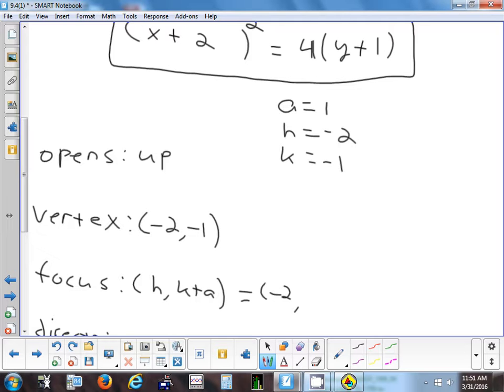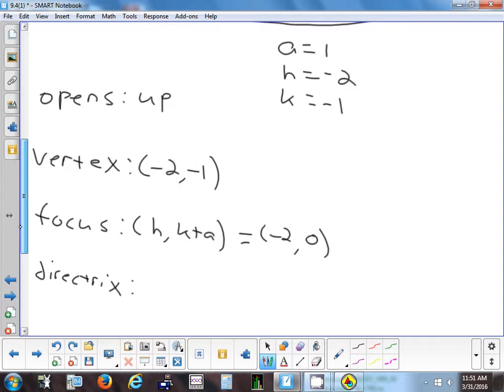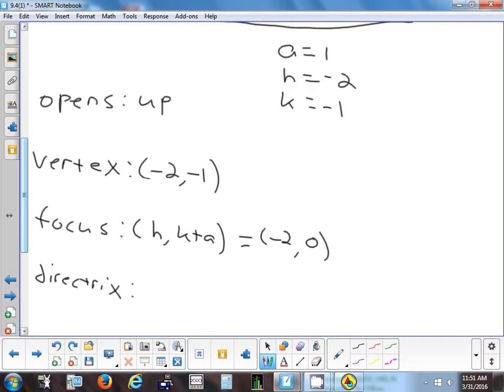Or no, 0. Okay, our directrix is y equals k minus a. So it's going to be y equals what? y equals -2.